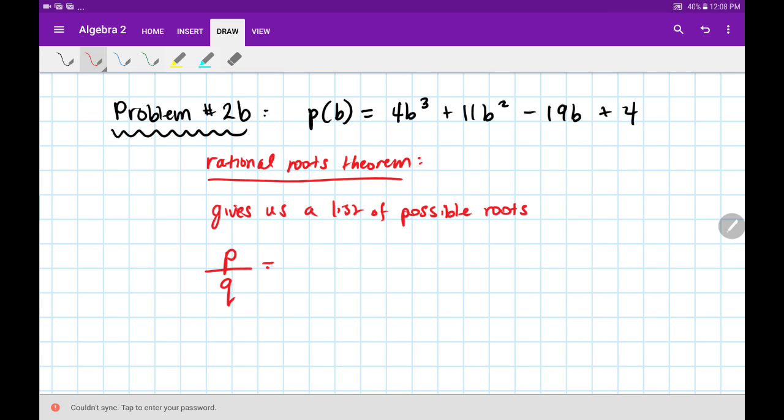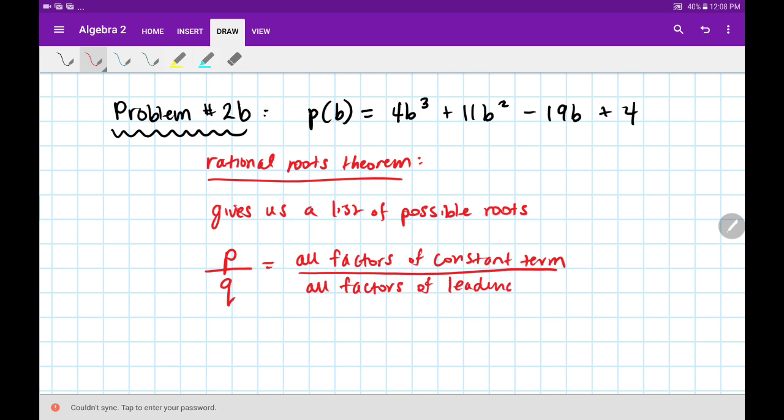P over Q, where P represents all the factors of the constant term, and Q represents all the factors of the leading coefficient, or the leading number.